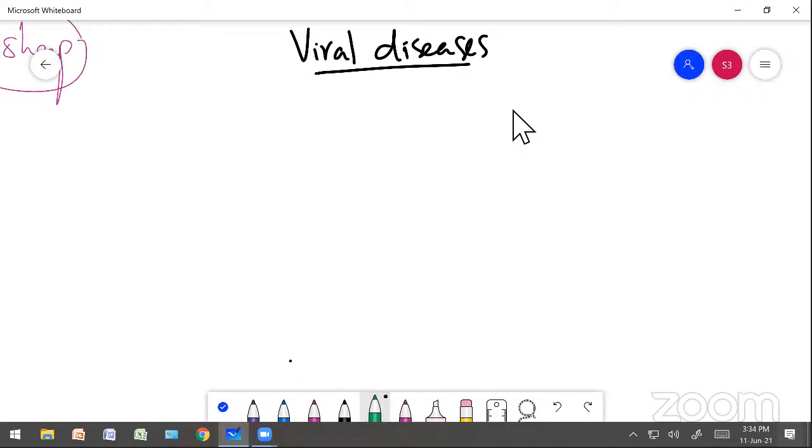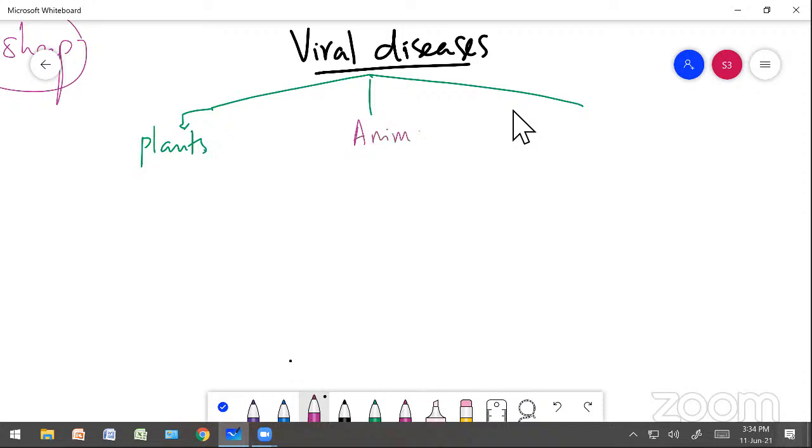First of all, this viral disease is classified into three. The first category is in plants. The second one is in animals, and the last one is a disease in human beings. In plants, you can say there are so many diseases.